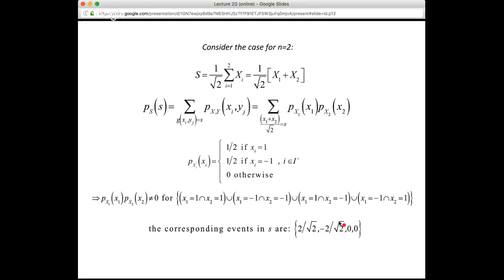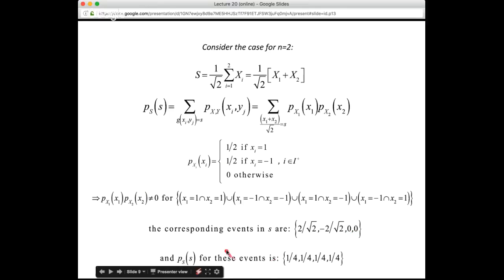For the third and fourth events, x1 is +1 and x2 is -1, so we get 0, or x1 is -1 and x2 is 1, which again gives 0. So the last two events for S are 0 and 0. Our events in S for these four events in x1 and x2 are 2 over square root 2, minus 2 over square root 2, and 0 and 0.